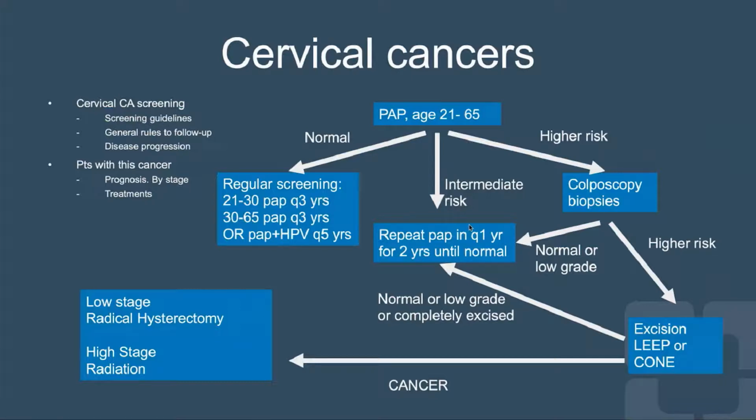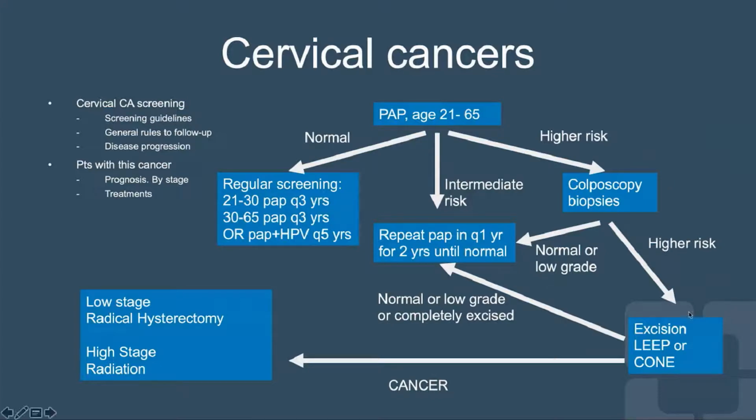However, if it's higher risk, we'll do a colposcopy, where we look very closely with a colposcope. We usually put acetic acid, and these light up, or Lugol solution, and they'll maintain a lighter color, a yellow color, and we'll biopsy anything looking abnormal.